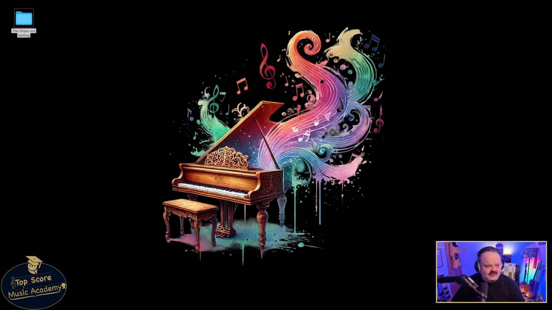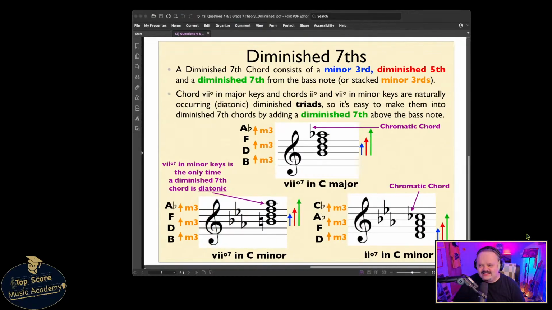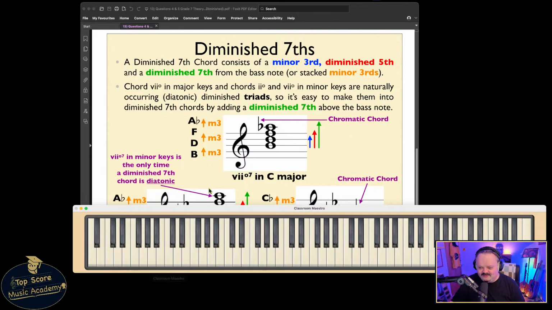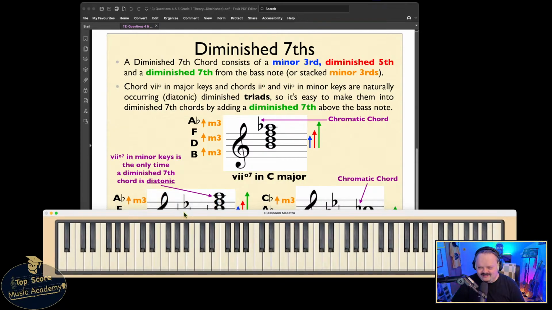I'm just going to share my screen as usual, so you guys hopefully can see that as well. Just move some stuff out of the way and bring some stuff up. Okay, this is today's handout. Really, this is it. It's one page, and we really are going to get into this. I'm also going to need my piano to help out with a lot of the heavy lifting. Here is the Classer Maestro app.